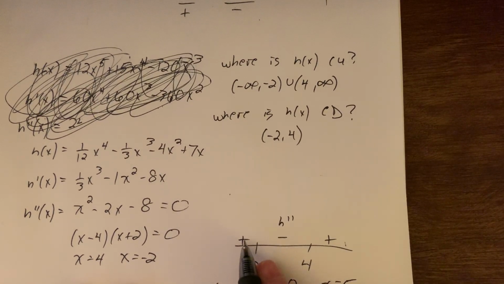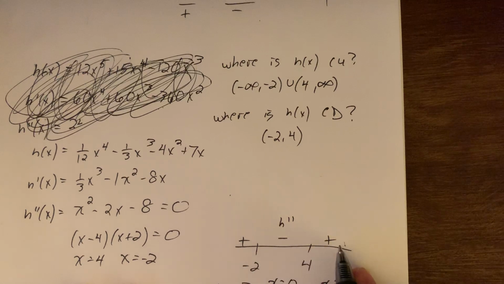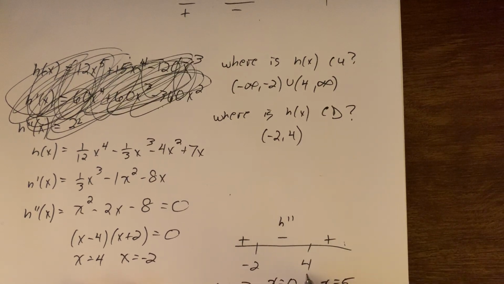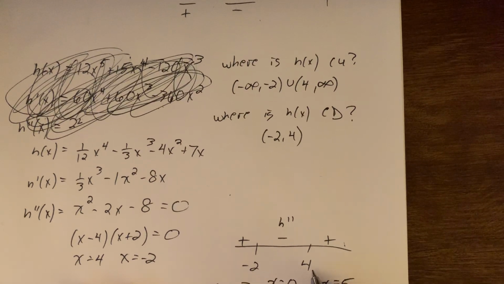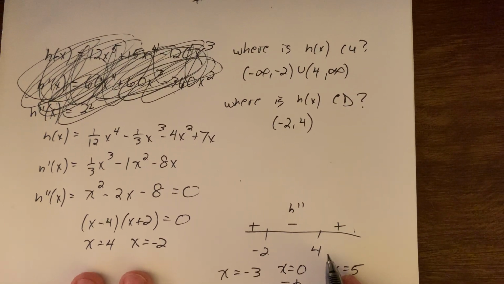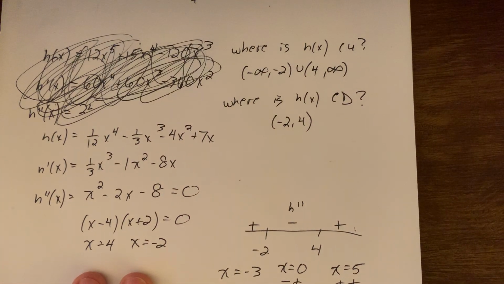Right here, concave up to concave down, negative 2 would be a point of inflection. And same thing here, concave down to concave up, 4. Remember, if I just say where, that's all you need. x is negative 2, x is 4. When the book tells you to find the points of inflection, you'd have to go back and then get the y's to go with it.